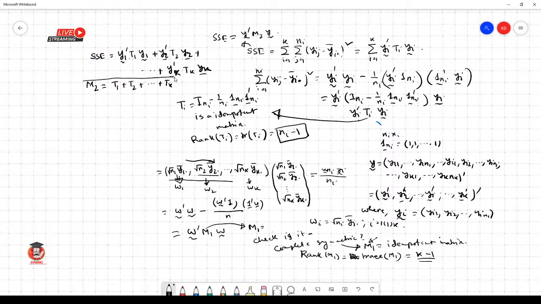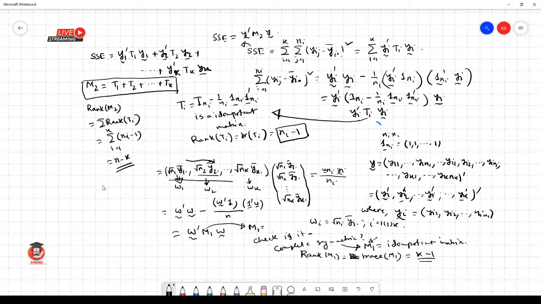The rank of M2 is nothing but, using Cochran's theorem, the sum of the ranks of Ti, and hence rank of Ti equals ni minus 1, for i from 1 to k. So this is n minus k. So the error degrees of freedom is n minus k.